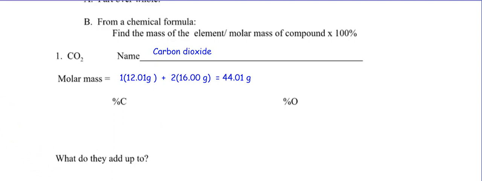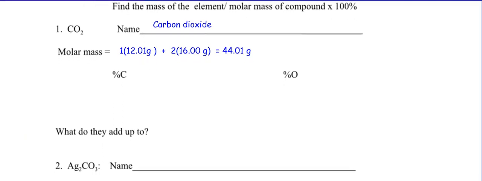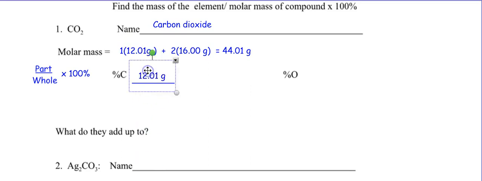So now I need to find part over whole, and then times 100%. That's what I'm going to do. So what part of CO2 is carbon? Well, I think it's right here. Isn't it 12.01? And then what's the whole? It's right here. It's 44.01.